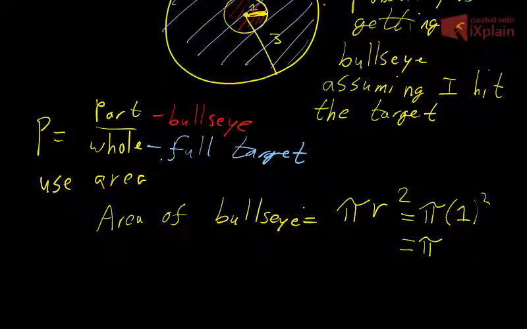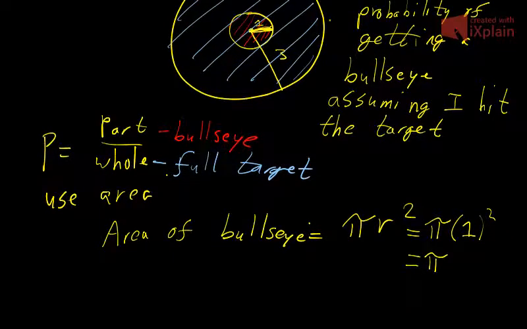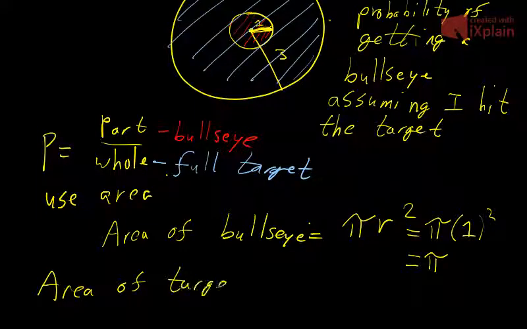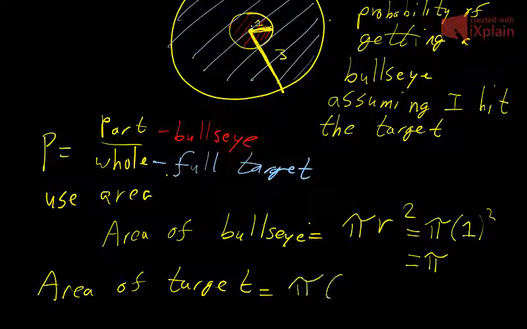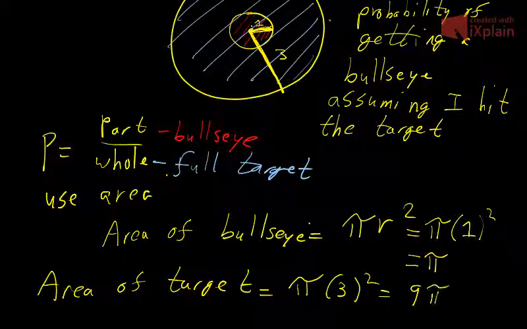So I know that now. Then the question is, what's the area of my whole target? It's going to be very similar. So my area of target, if we look up here, I can see that the entire target has a radius of 3. So that'd be pi times 3 squared, which is 9 pi.